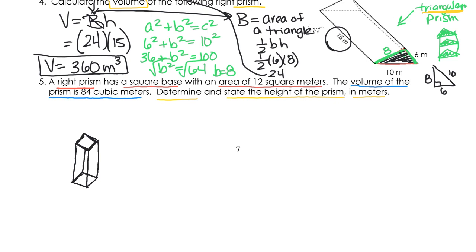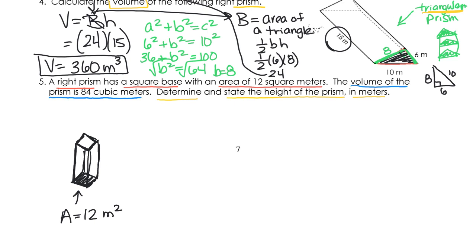Same square base on the bottom, which makes this a prism. And we just don't know how tall it is. So up on top, it says that the square base on the bottom has an area of 12 meters squared. And they're telling us the volume is 84 square meters.